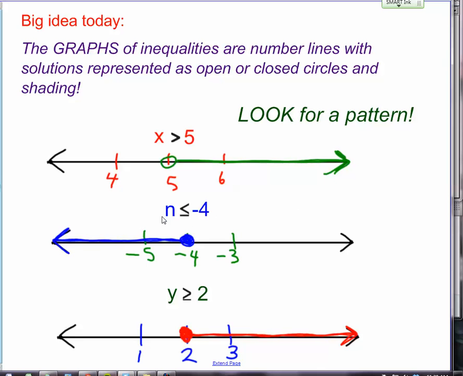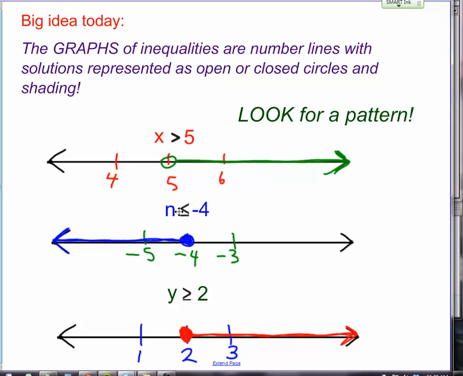Okay, the second one was we're looking for all the numbers that are less than or equal to -4. So on our number line we put -4 first. One smaller than -4 is -5, and one bigger than -4 is -3. Remember, as you move to the right on a number line, numbers get bigger. So we'd get -2, -1, 0, and 0 is bigger than all these negative numbers.